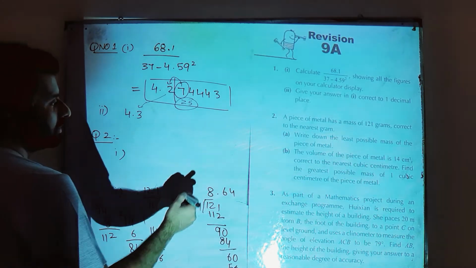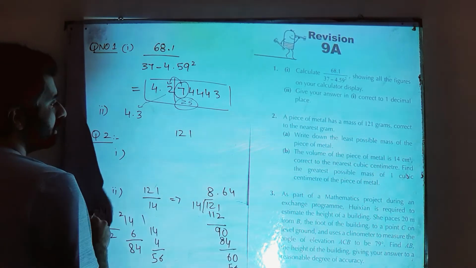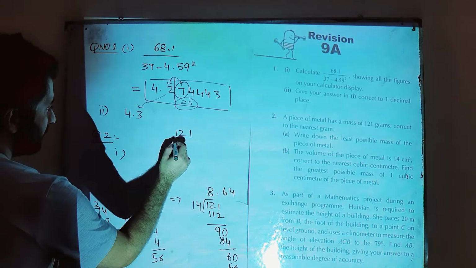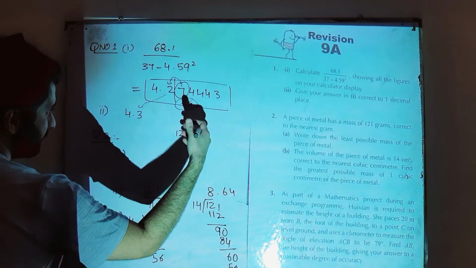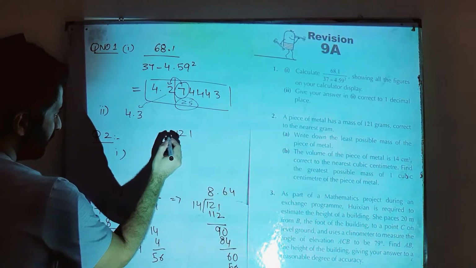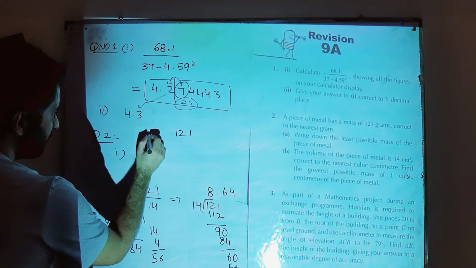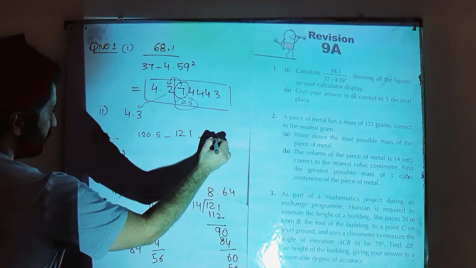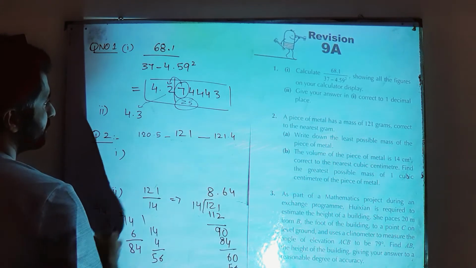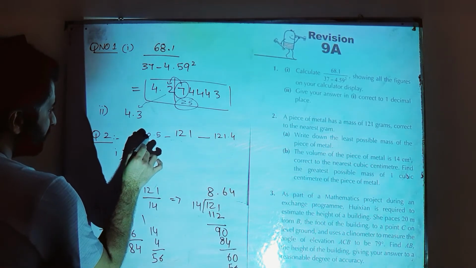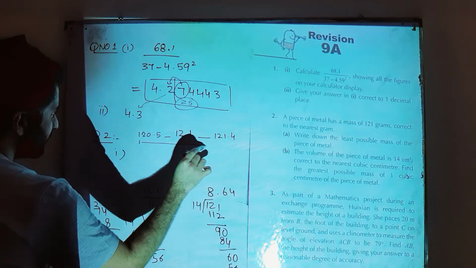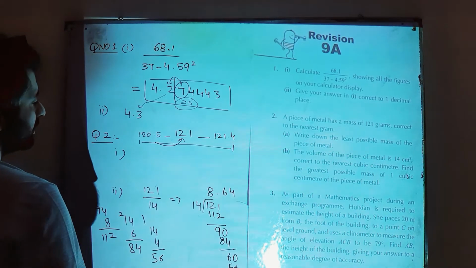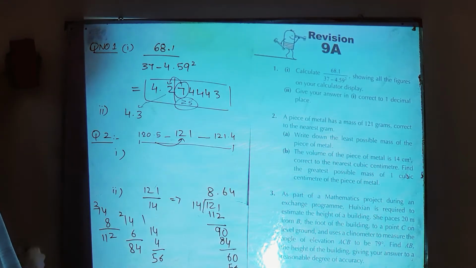Since 121 grams is correct to the nearest gram, the observed mass was lying somewhere between 120.5 and 121.4.